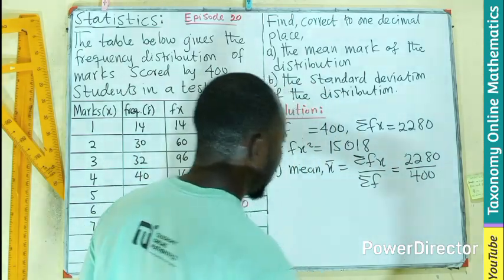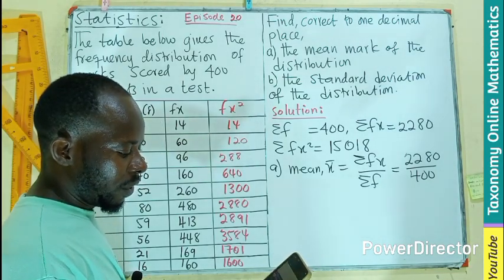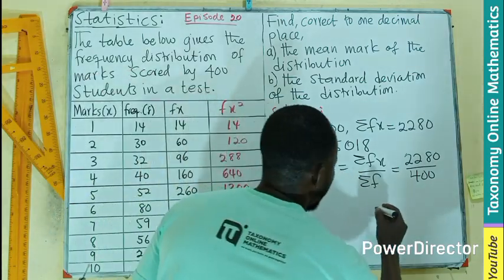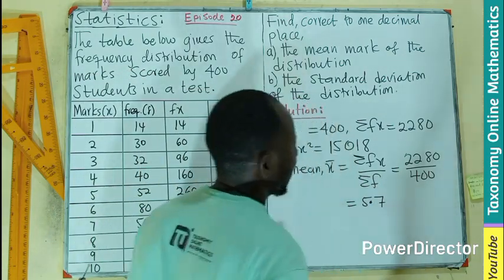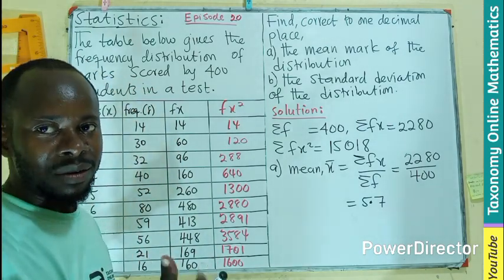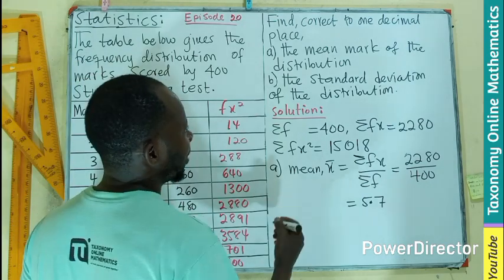Right? Good. So let's check that on our calculator. 2280 divided by 400 will give you 5.7. So this is going to be 5.7. That is for the mean mark.